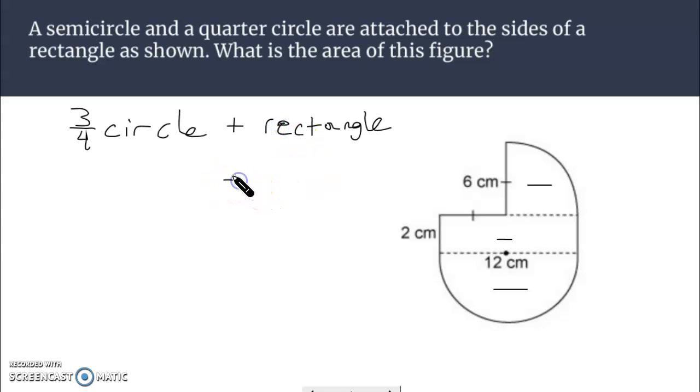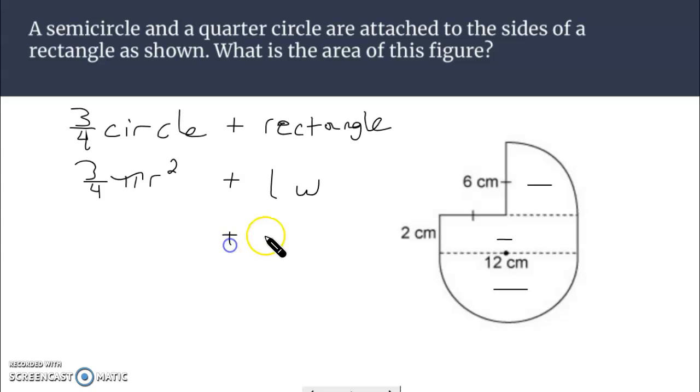Alright, our rectangle is length times width, and our circle, of course, pi r squared.